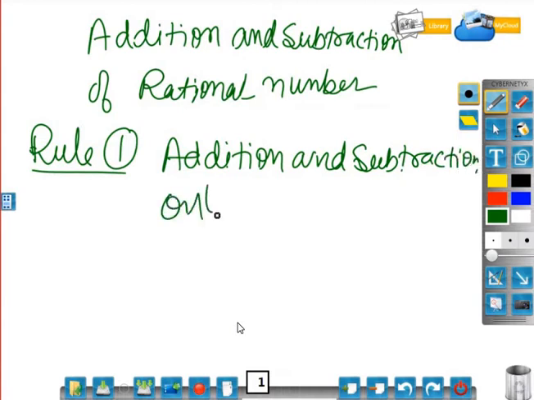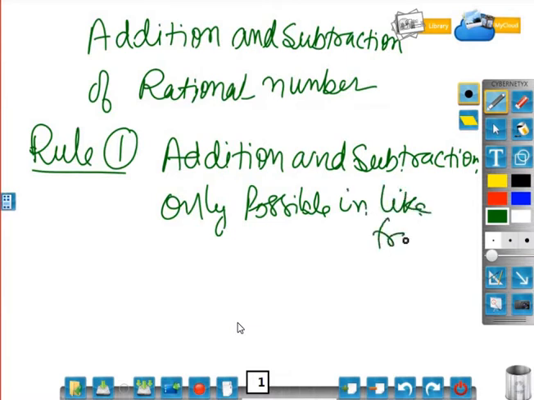This is the fundamental rule. We used to forget it. This is the only one and final rule: addition and subtraction are only possible in like fractions. You may multiply, you may divide, but addition and subtraction only in like fractions.